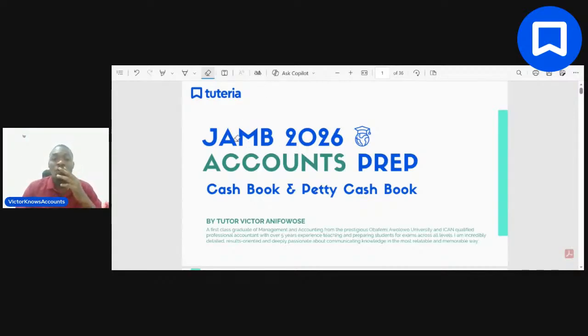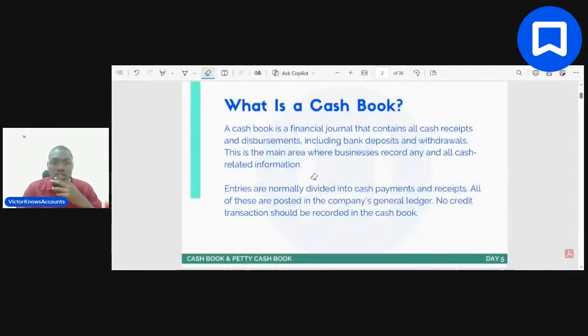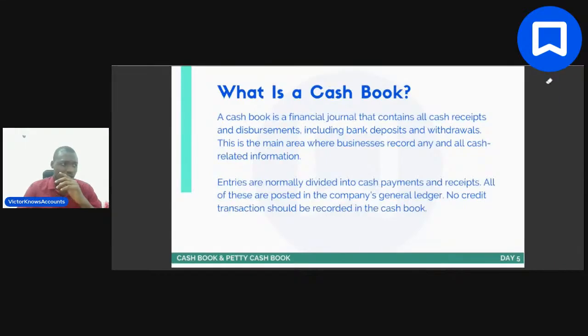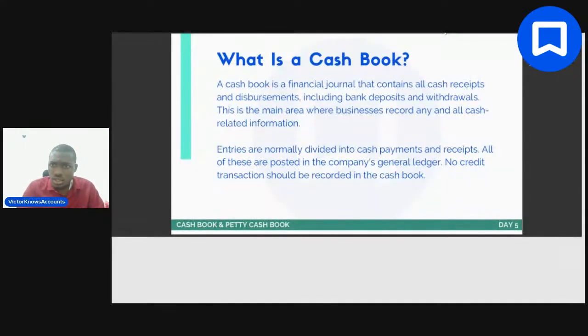All right. Now, your cash book is a financial journal that contains, if you are with me, can you kindly just let me know if you are here?